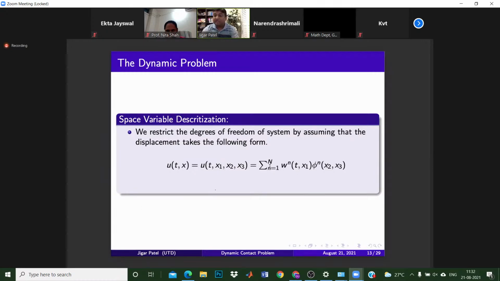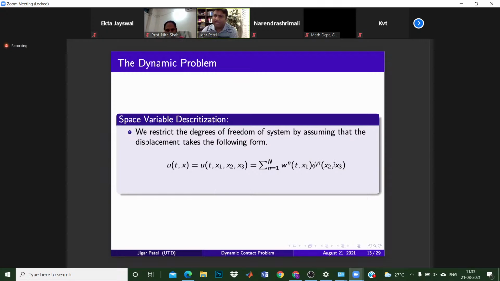u can be seen as a summation, n running from 1 to capital N, of Wn of t comma x1 times phi to the power n of x2 comma x3. Now think about it, what is this phi to the n of x2, x3?